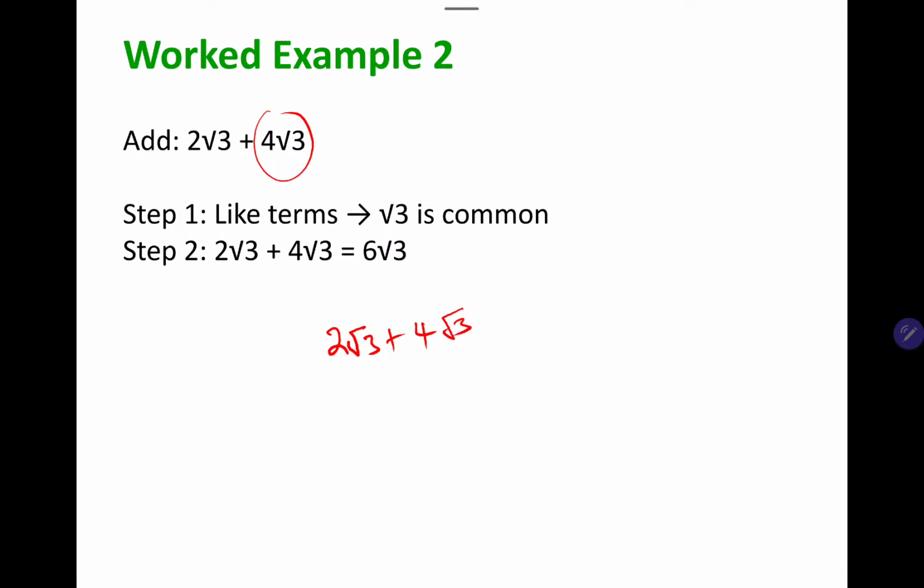In this expression, we have root 3. In this expression, we have root 3. So root 3 is our like term here. So all we need to do is to add the coefficient of root 3 here and the coefficient of root 3, which is what? 6. So this is the same thing as we bring out what is common, root 3. Yeah, 6 root 3.